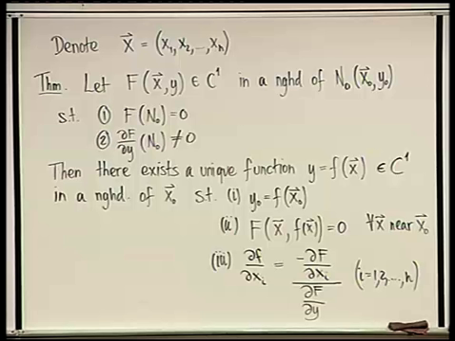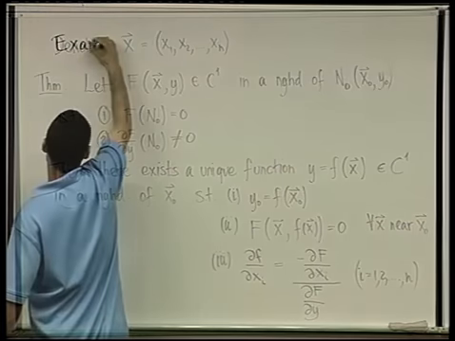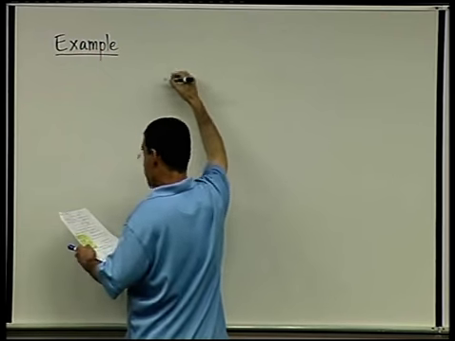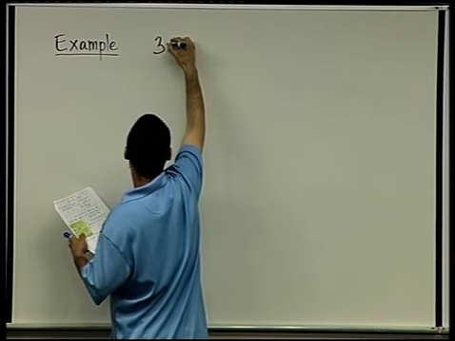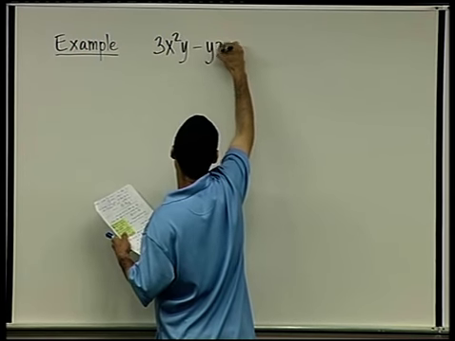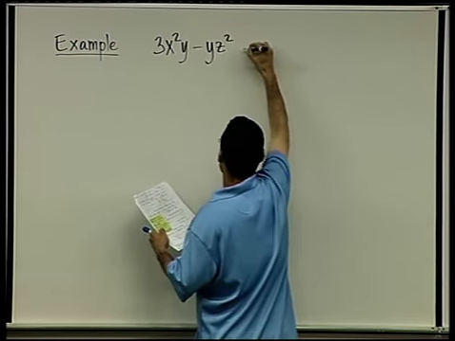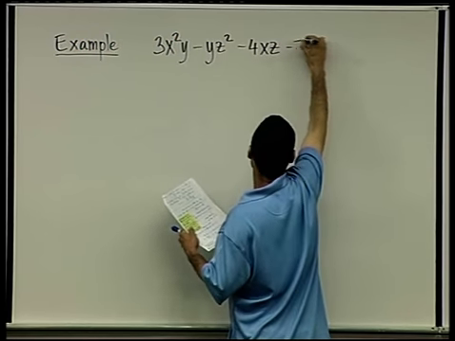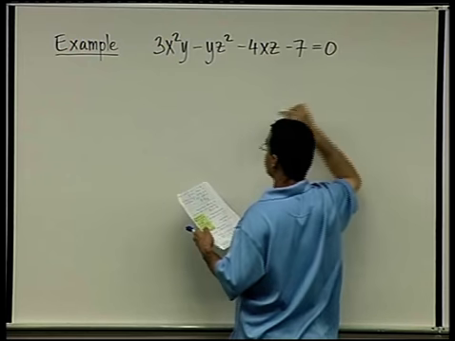So here's our example. Let's look at the equation 3x squared y minus yz squared minus 4xz minus 7 equals 0.